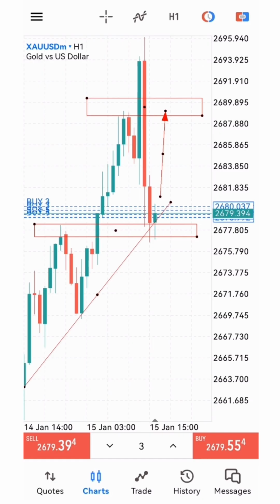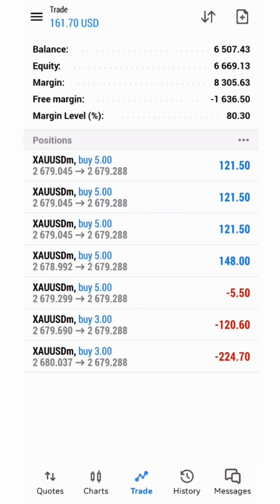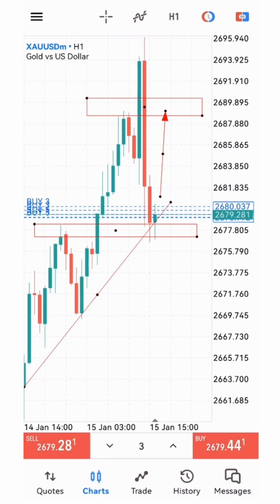So there you can see it is clean, preferable for now. But as I told you, it will take us some time to reach the maximum point, the maximum potential point for this particular trade.